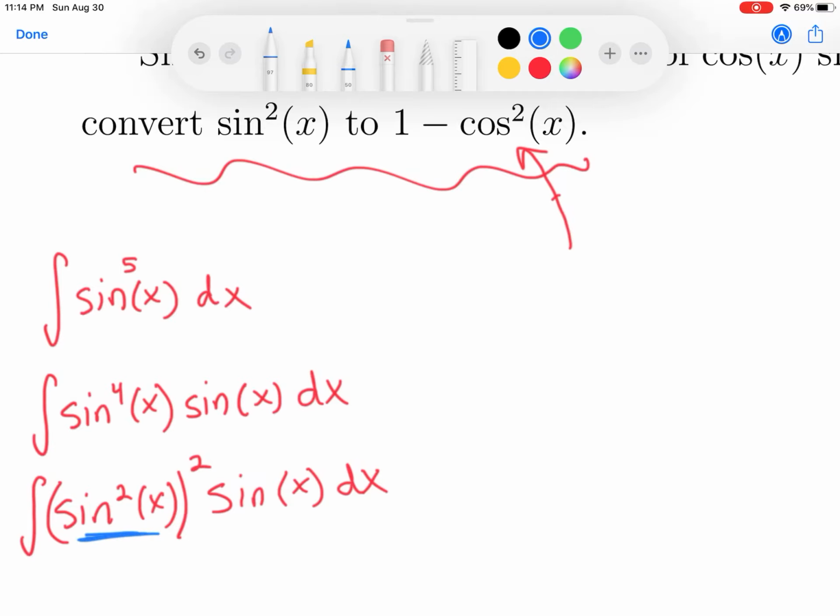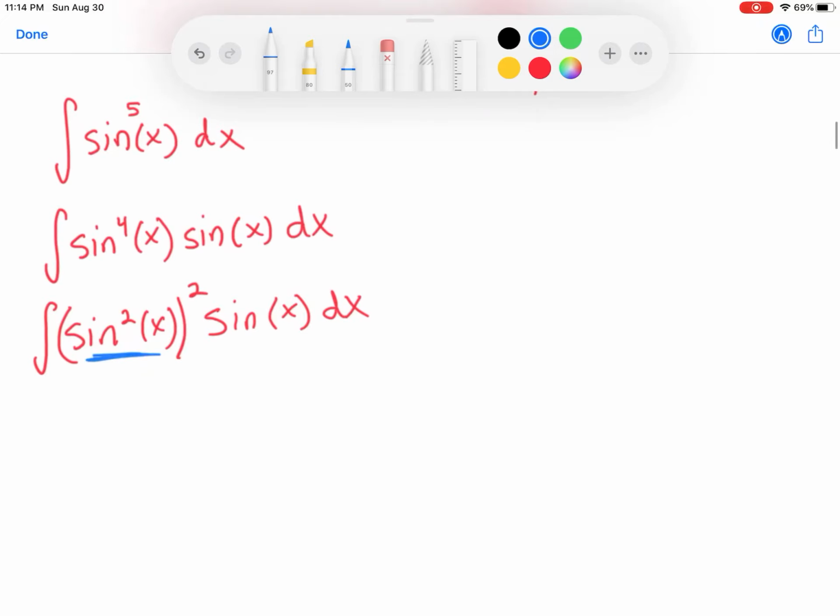Okay, now we're getting somewhere. If you notice, now I have a sine squared, and I can utilize my identity. So let's do that right below. We'll have the integral, and then inside my parenthesis, I'm going to use this identity. It's typed up in your notes. Sine squared x is equal to 1 minus cosine squared x.